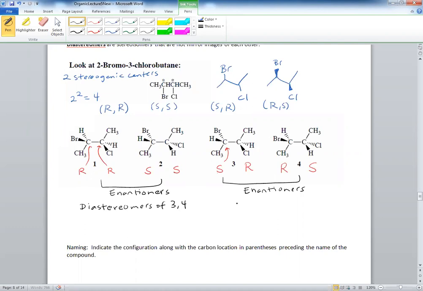And these would be the diastereomers of 1 and 2.